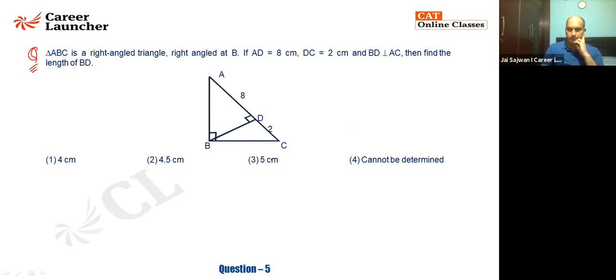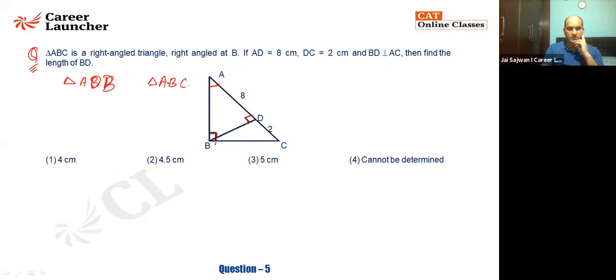Okay, here I go now. Look at the triangle. I'm talking about triangle ABD and triangle ABC. A is a common angle. So the triangle that I have taken is ADB.